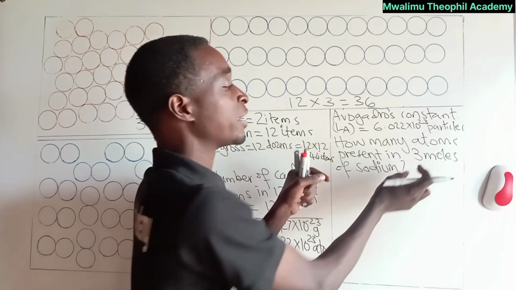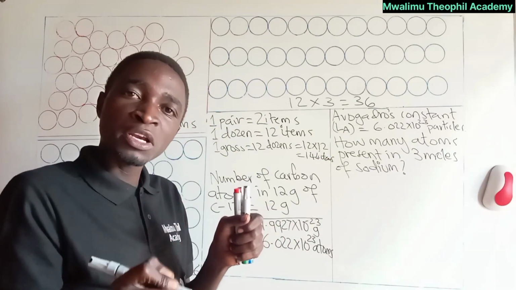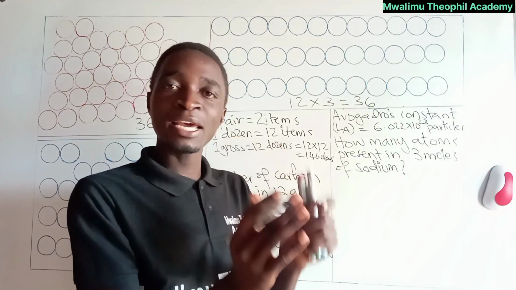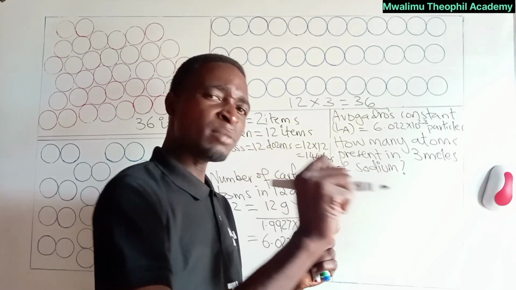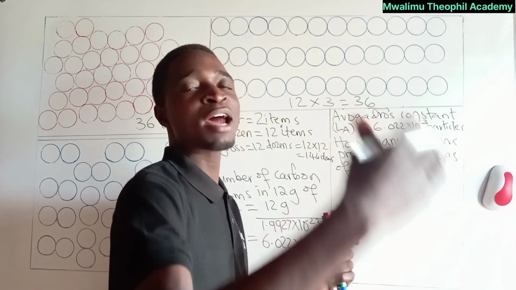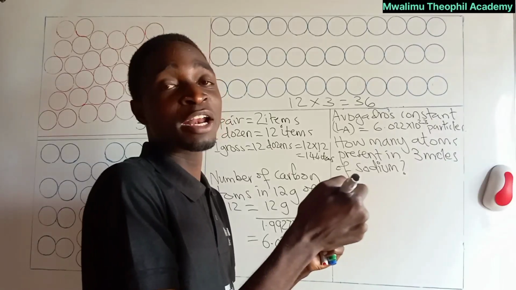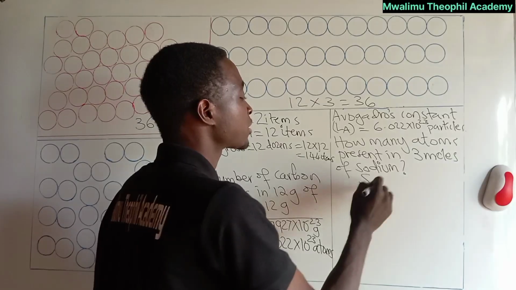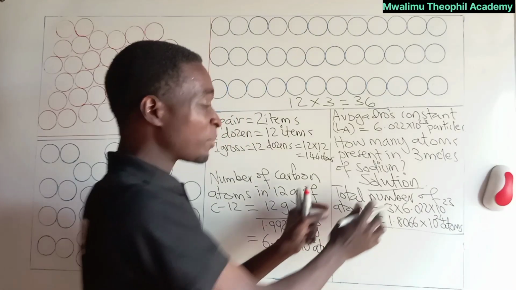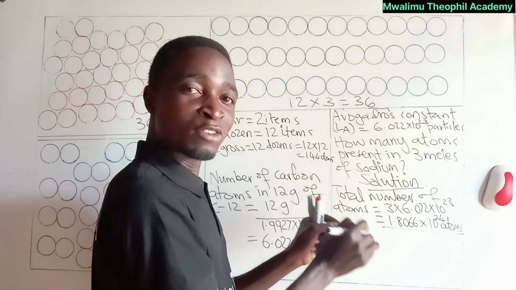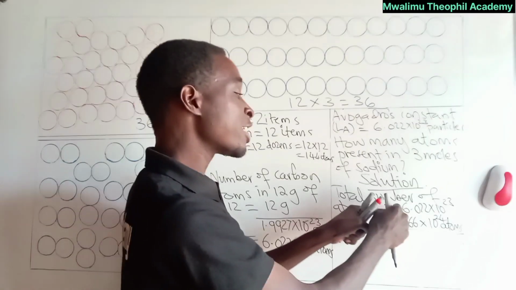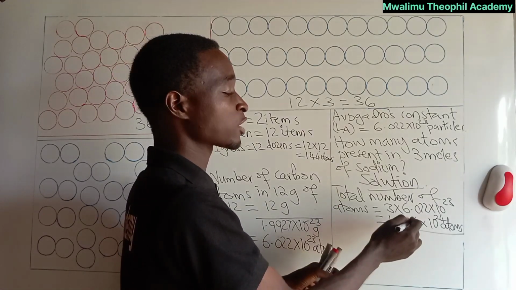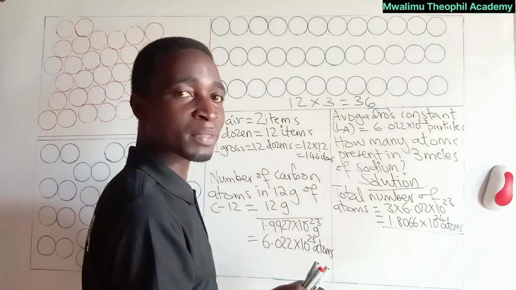As we are given 3 moles of sodium, it is 6.022 times 10 power 23 times 3, because that value, Avogadro's constant, is for 1 mole. Now let us see the solution. The total number of atoms in 3 moles of sodium is equal to 3 times Avogadro's constant, and we get 1.8066 times 10 raised to 24 atoms.